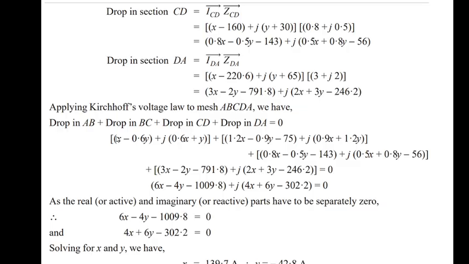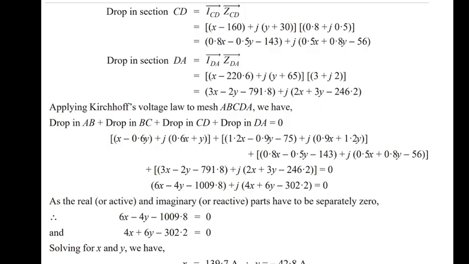In this slide, we complete the analysis of the ring main distributor by applying KVL around the closed loop ABCDA. We can calculate the voltage drop across all sections AB, BC, CD, and DA, which are first expressed in complex form using the previously derived current expressions and impedances.